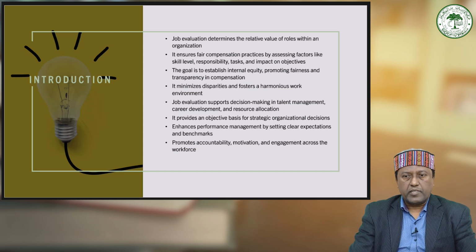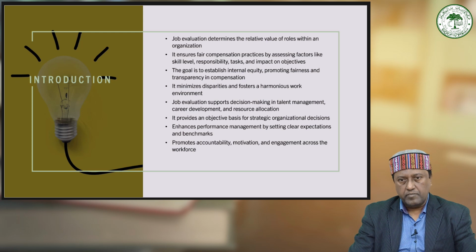One of the primary objectives of job evaluation is to establish internal equity and consistency in compensation practices. By systematically assessing and comparing the value of different jobs, organizations can ensure that similar roles are remunerated fairly and equitably, irrespective of individual preferences or biases.